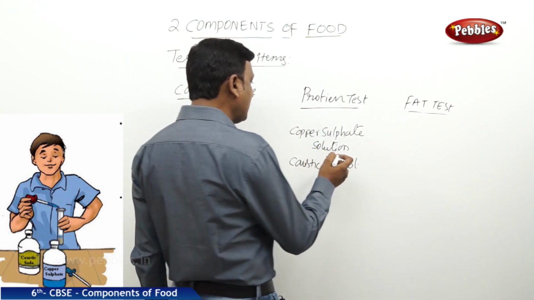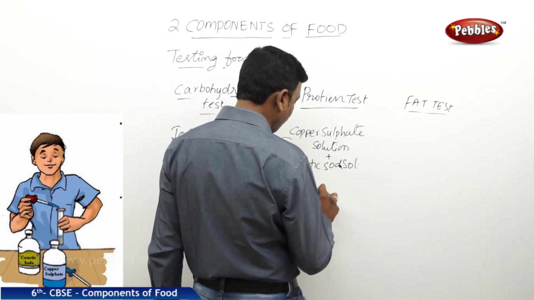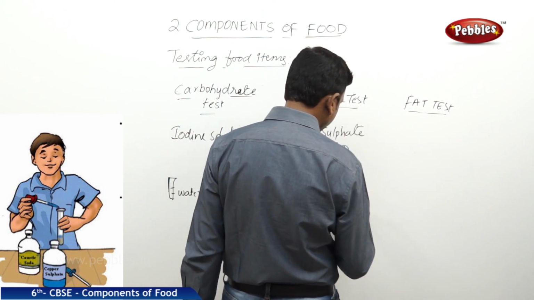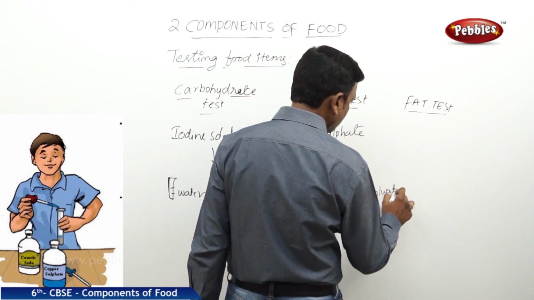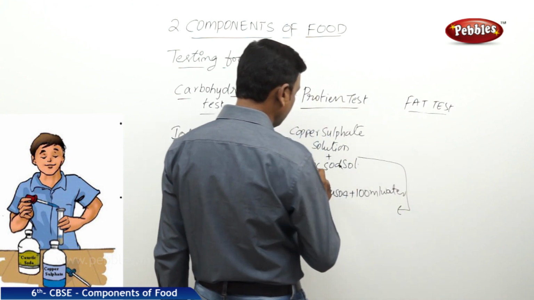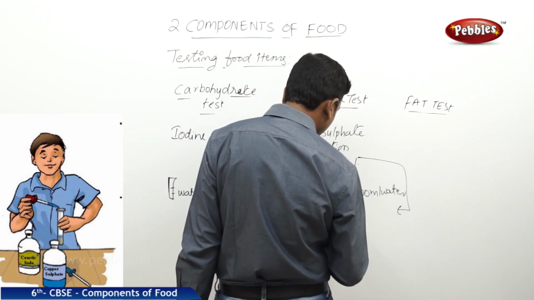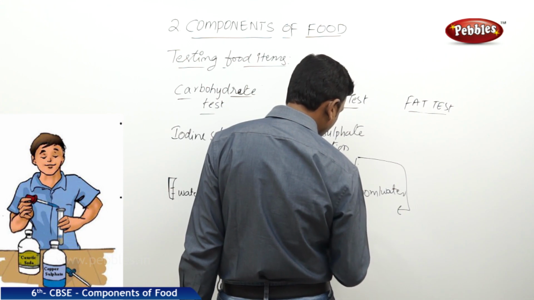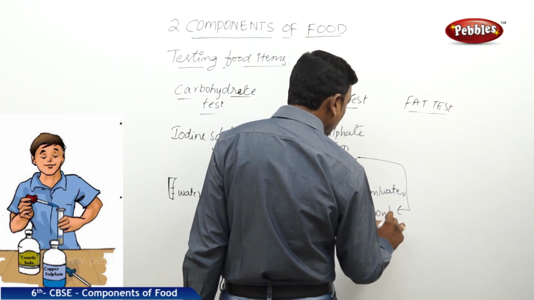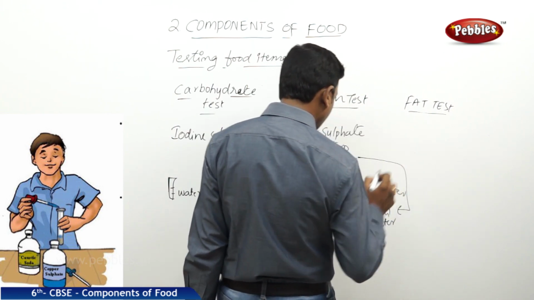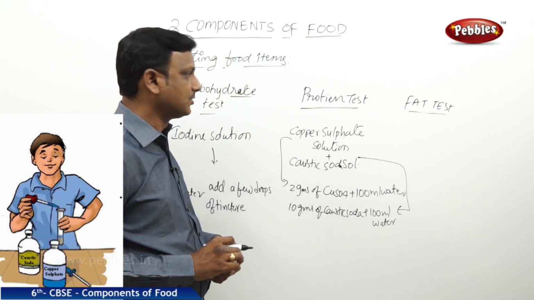To make the copper sulfate solution, you take 2 grams of copper sulfate and add it to 100 ml of water. In the same way, for the caustic soda solution, you need 10 grams of caustic soda added to 100 ml of water. Your solutions are ready: copper sulfate solution and caustic soda solution.